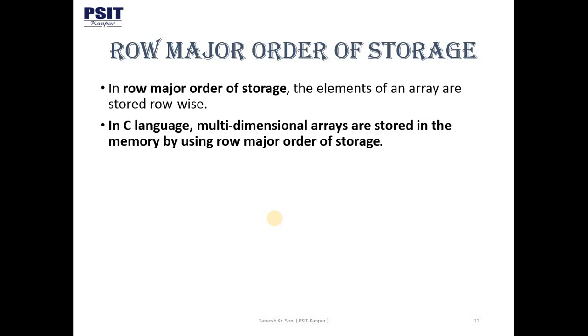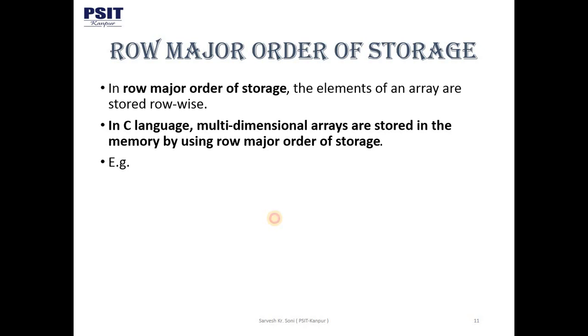So C language by default supports this type of implementation, that is, C language supports row major implementation of two-dimensional arrays by default. That is, if we are initializing values to a matrix, then the initialized values will be filled in row wise order, right?